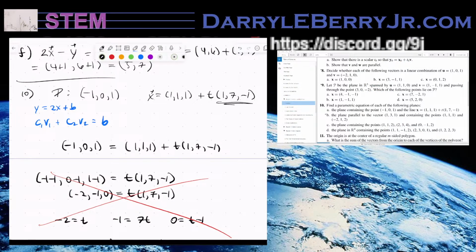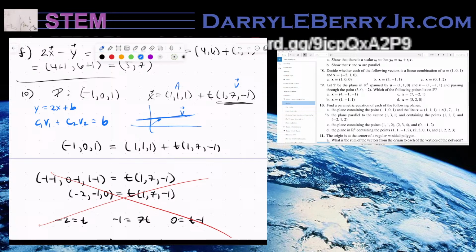Basically, when we have a line, we also draw a point. Let's say that was 1, 1, 1. We call this point A. And then from that point, it goes off in the direction scaled by t. So this direction v would be this here, and the scale of it would be whatever t is.